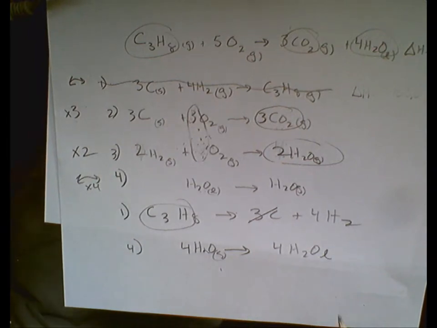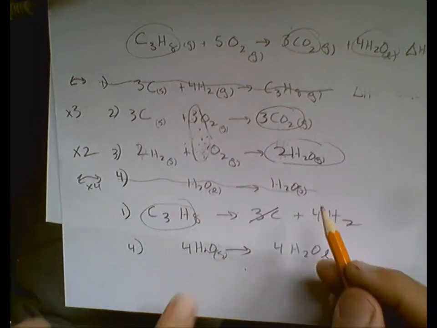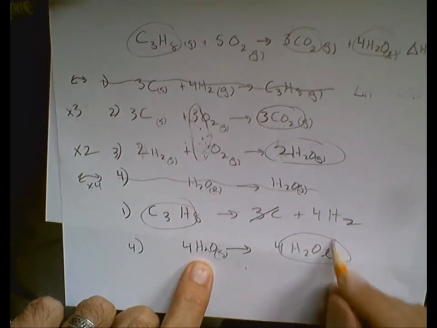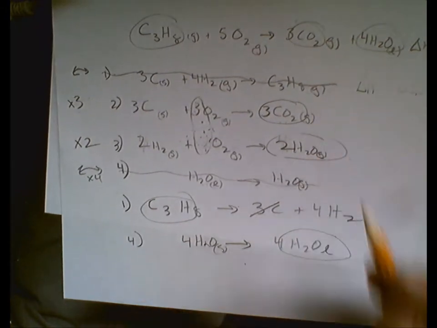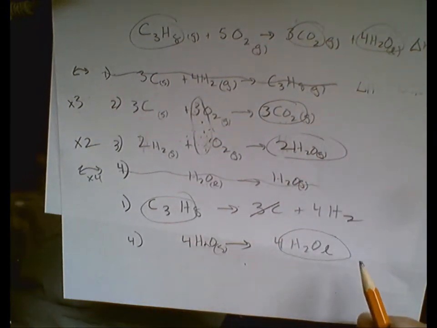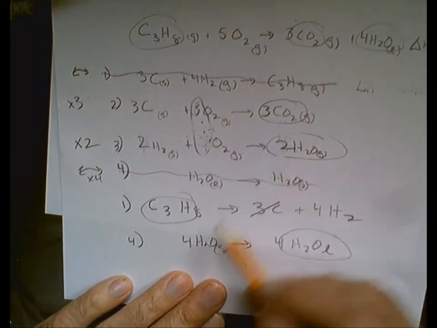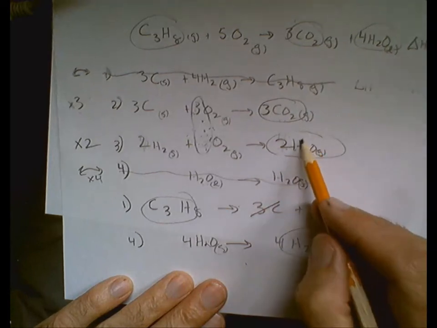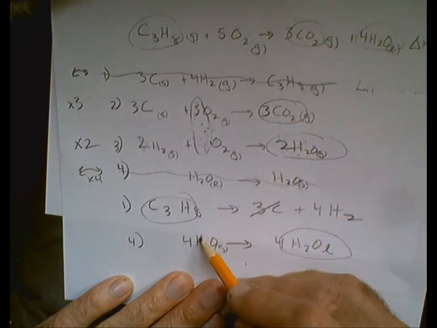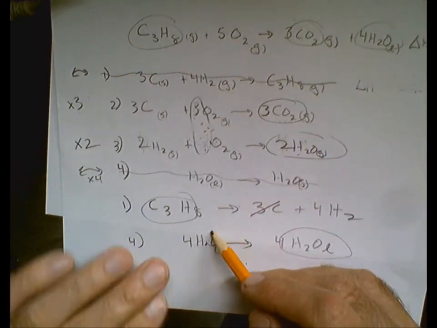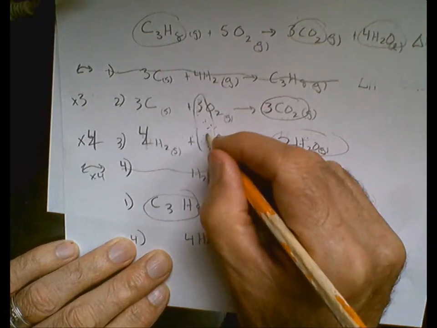Now what I have to do, I'm going to cross that out. I'm going to have 4 H2O liquid, 3 CO2 gas, but I've got a problem now. I've got H2O gas here and here. So I'm going to have to multiply this one by 4 because I need to be able to cancel out my H2O gases. So I'm going to go back and I'm going to do this.